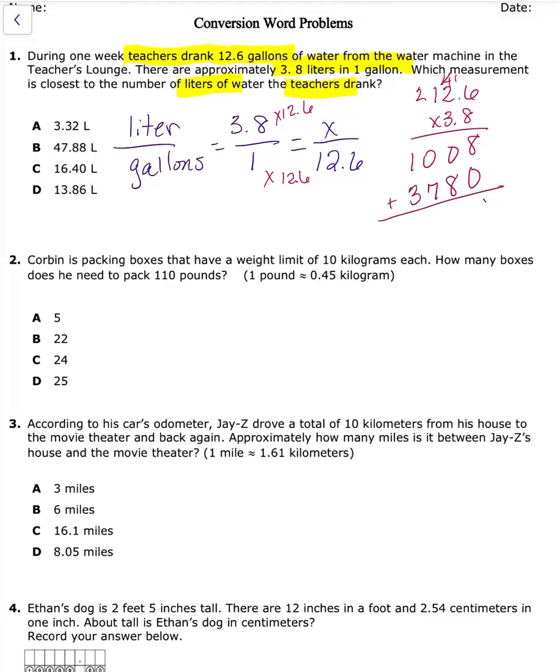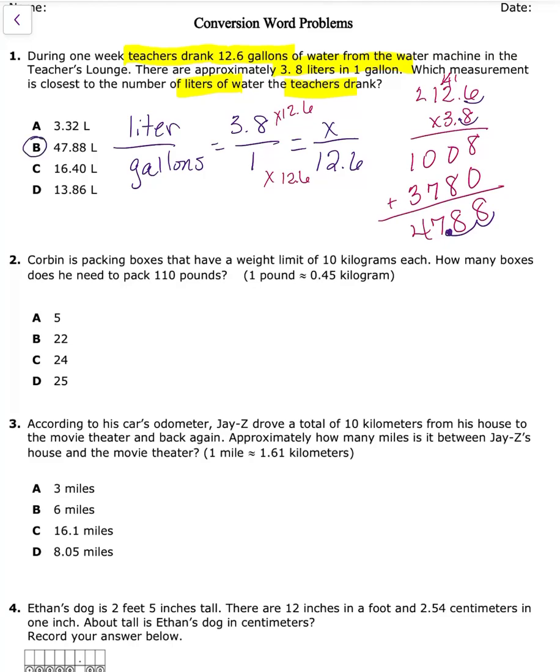Add it up. Don't forget to move your decimal. 1, 2, 1, 2. So 47 and 88 hundredths, which would be answer choice B.